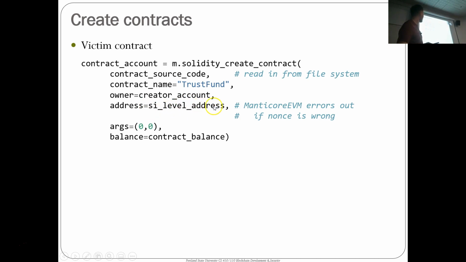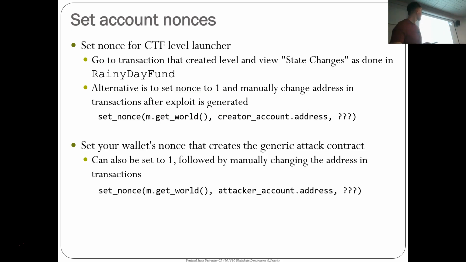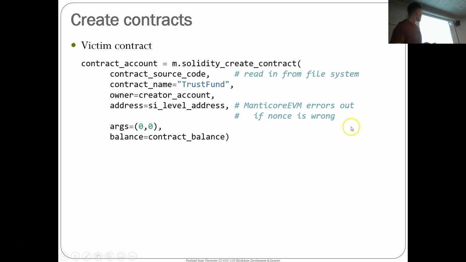We're supplying this so that we can do a sanity check, because based on the nonce that you specified here, it will automatically check that the actual CTF level address makes sense given the nonce that you instantiated. This will error out if you have specified the wrong contract creator nonce, so that actually is a good thing in this case.